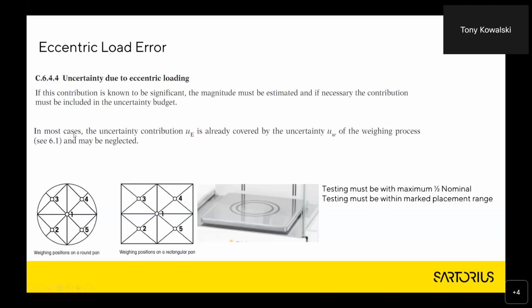So in most cases, they say the uncertainty contribution is already covered by the uncertainty in the weighing part of the weighing process and may be neglected. So these are all quotes from the OIML. You will clearly see on all the comparators markings of where to place your weights.